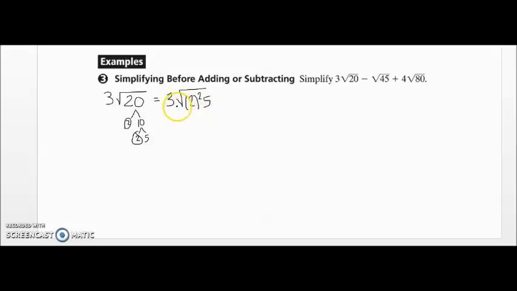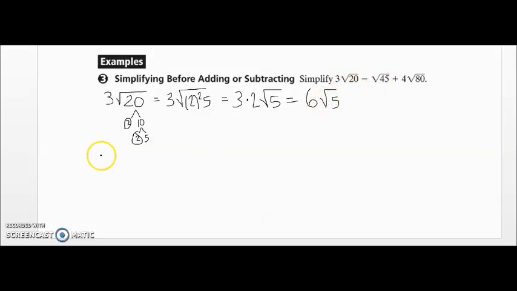All right, if we want to simplify this, we're going to pull out that 2 and multiply it by 3. So 3 times 2, and what's left under the radical is a 5. And if we further simplify, 3 times 2 is 6. So we get 6 radical 5. That's what this is. Let's take a look at the second one.